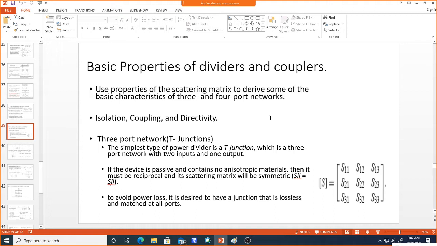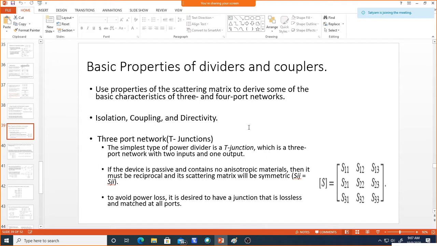There should be very good isolation between port 2 and port 3, then only will we get very good power division. If interference is there from port 2 to port 3, then it will be a problem. And also coupling. For example, if I put power at port 1 and want to couple that power from port 1 to port 3, there is no link between port 1 and port 3.